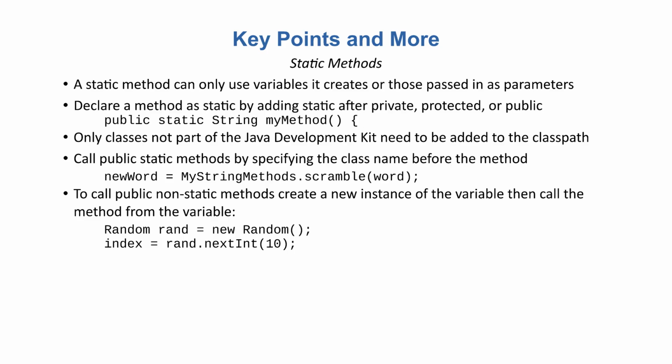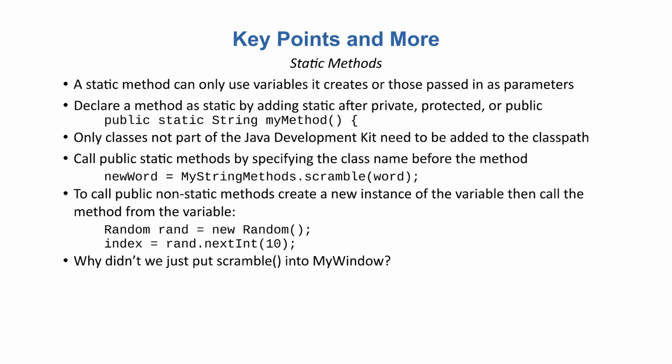You must first declare a new instance of the variable of that class type, then call the method from that variable. For example, nextInt is a public method of Random, but it isn't static. To call it in previous lessons, you used Random rand = new Random(), and then index = rand.nextInt(10). So you can see that static methods are simpler to call.